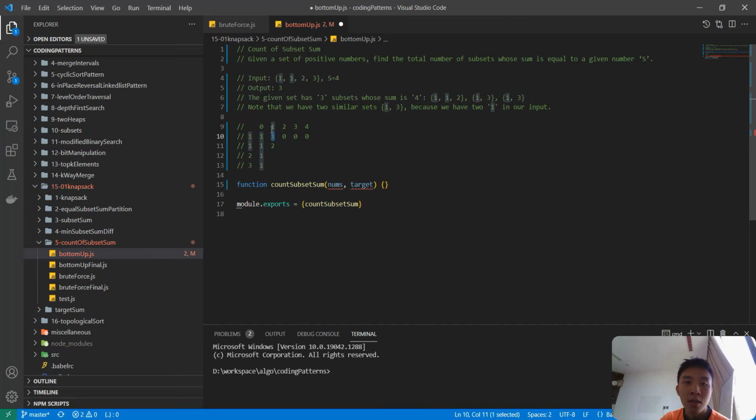Target sum is 1, only considering 1, so there is 1 subset. Combining the two smaller problems, which is 0 and 1, we get 1.